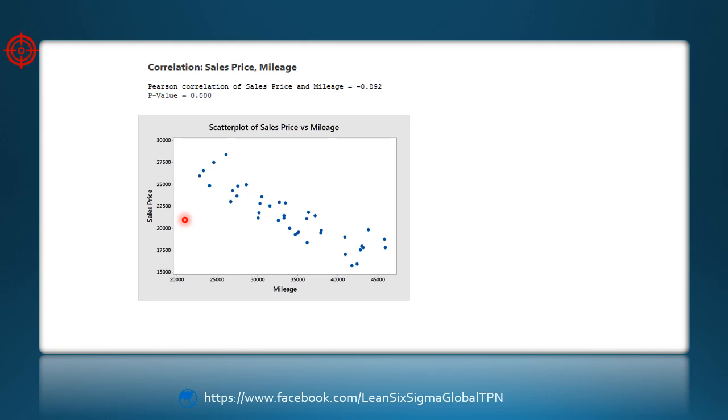For the sale of pre-owned cars, many factors beyond the mileage influence the final sales price, including the condition of the car, the color of the exterior, and local gas prices. But finding one variable with a correlation as high as 0.892 indicates a relatively strong relationship.